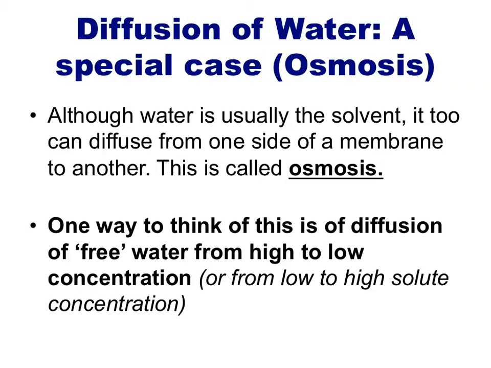With solutes, it's easy to imagine how they will move. They diffuse from a high concentration to a low concentration. Water molecules behave the same way, moving from high concentration to low concentration, although here it's not as convenient to describe the concentration of water since it itself is the solvent.